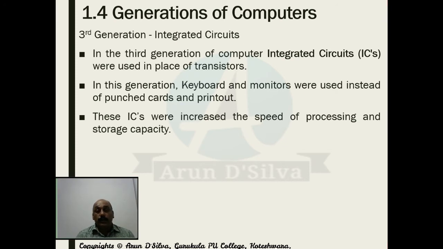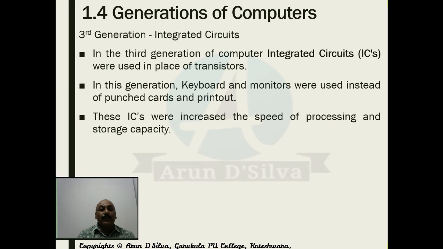Now see, today you see how fast your computer is working. The computer did not perform at that speed all at once. It was slowly improving. Initially it could handle only a 10 digit number, then the digits increased.